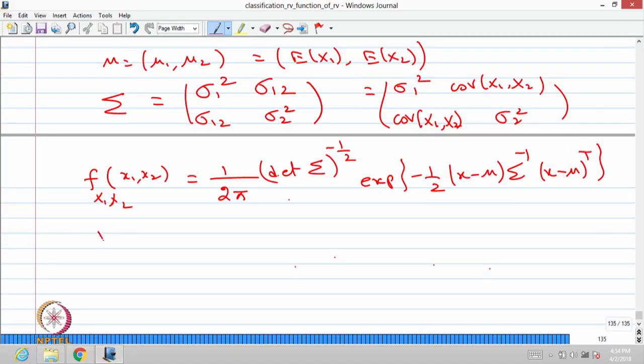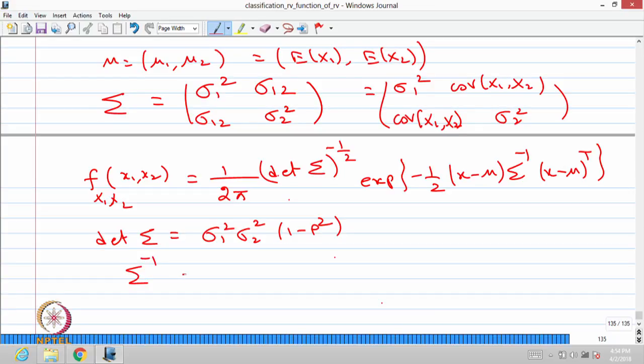So we will find each quantity separately. The determinant of the summation matrix, if you simplify, you will get sigma 1 square, sigma 2 square, and since the covariance of x1 x2 can be written with the correlation coefficient, it is going to be 1 minus rho square.